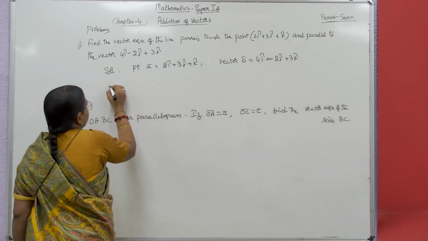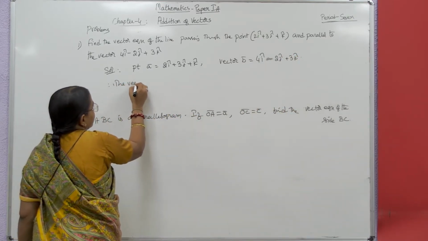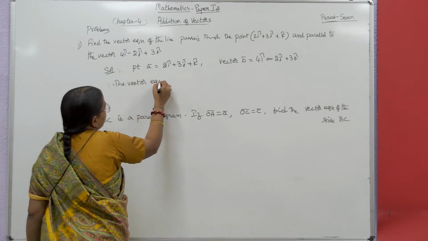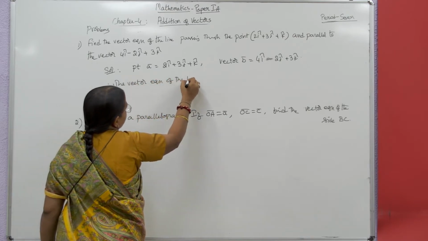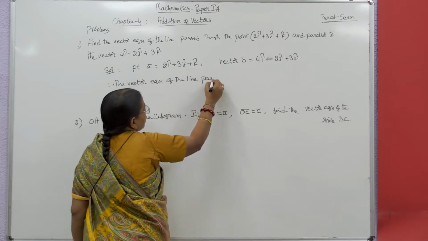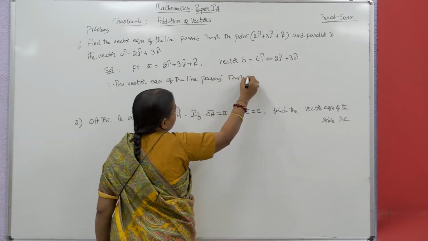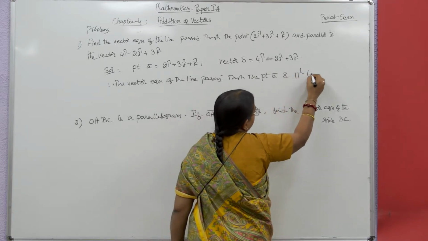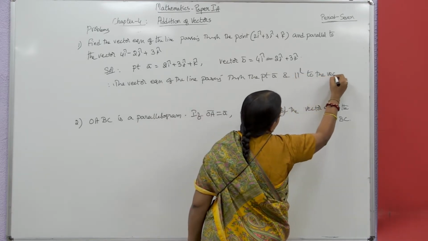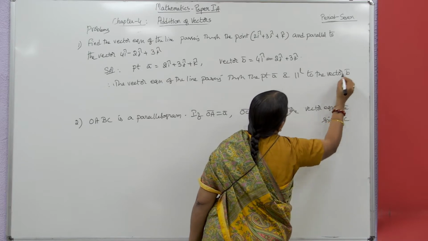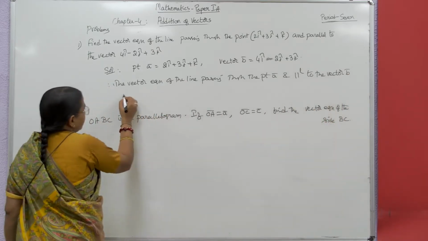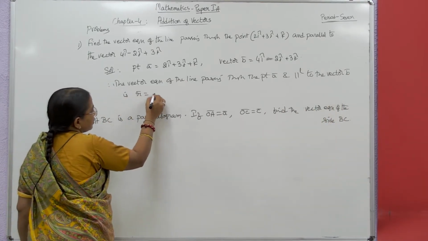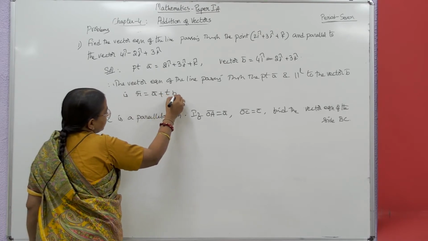So now, what is the equation? The vector equation of the line passing through the point a and parallel to the vector b is, first write the formula, r = a + tb.